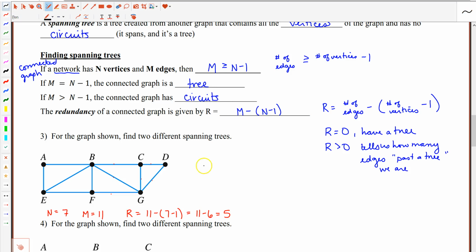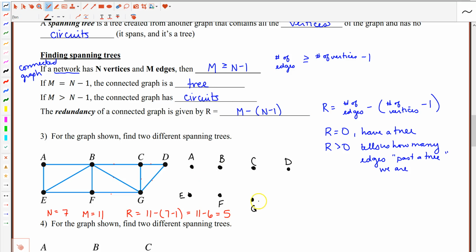So I'm going to record these spanning trees off to the side. So I'm going to repeat the vertex layout. Oh, that's E down here. Okay, so these are my original vertices.